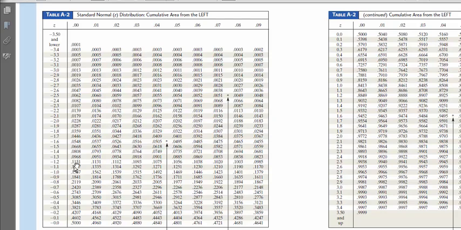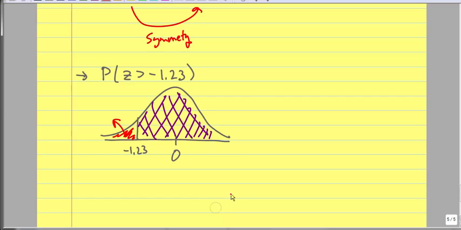Negative 1.23 gives 0.1093. And that still doesn't help me find this area though. So to find this area, what I need to remember is the total area underneath the curve is 1, and then I subtract out this red area that's to the left, and that will leave me this purple shaded area to the right.